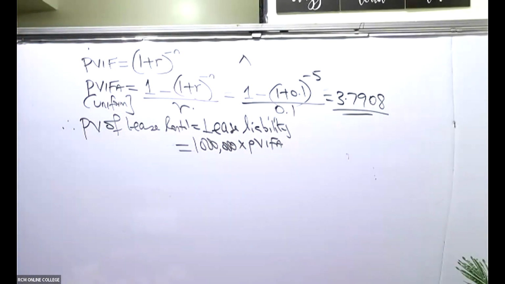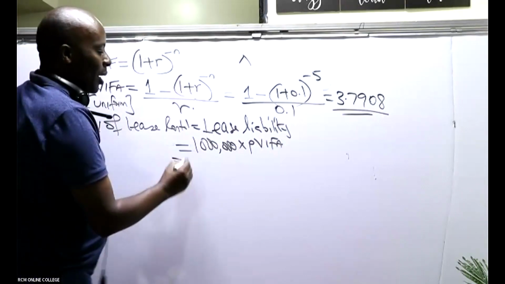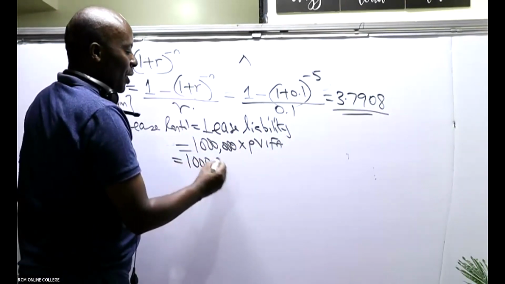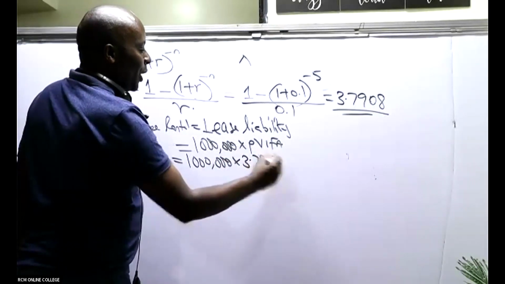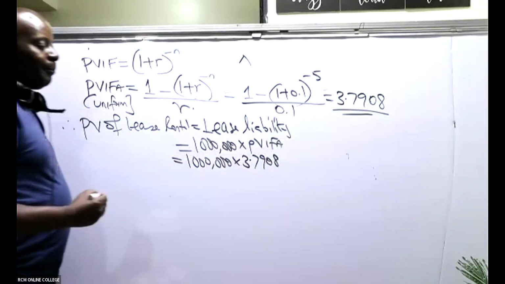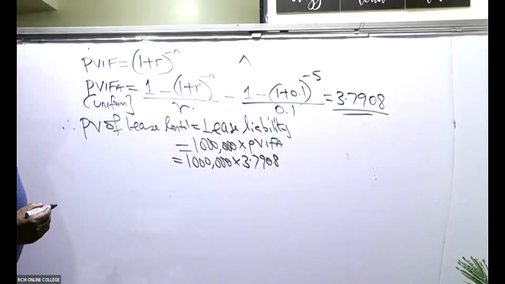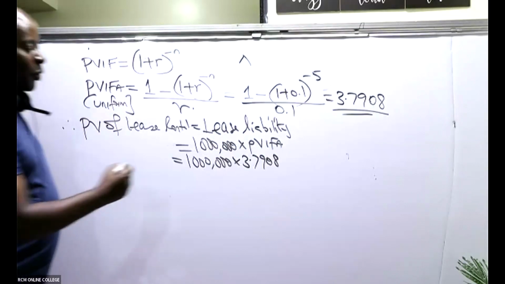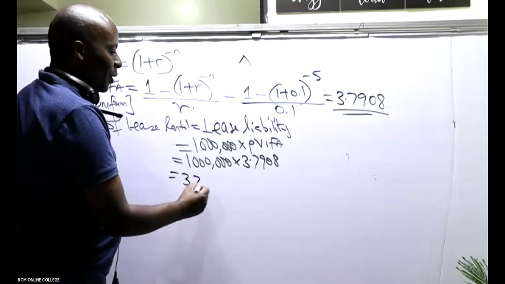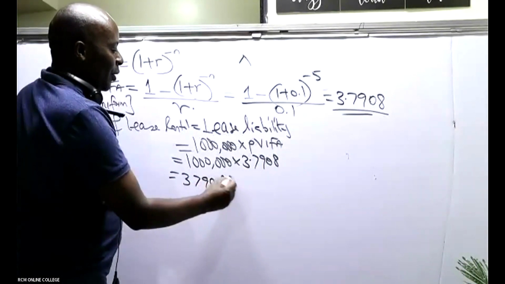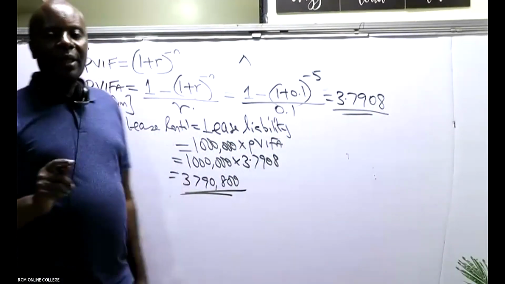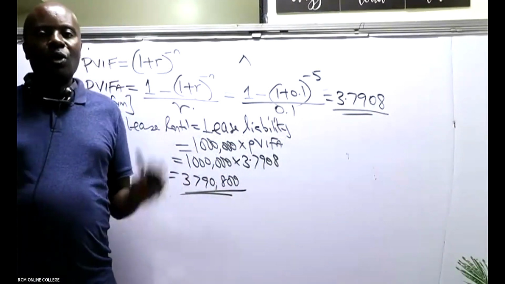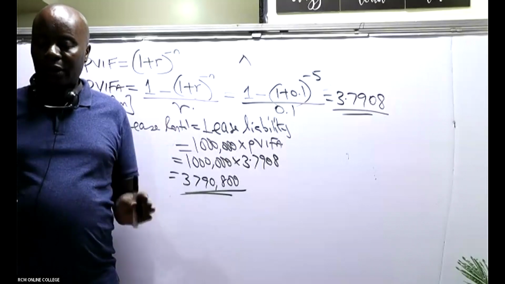So this will be $1 million, which you are paying every year, times PV of 3.7908, which will be the same as 3,790,800 Kenya shillings. So this is what we owe this gentleman, the landlord, in total, having discounted.